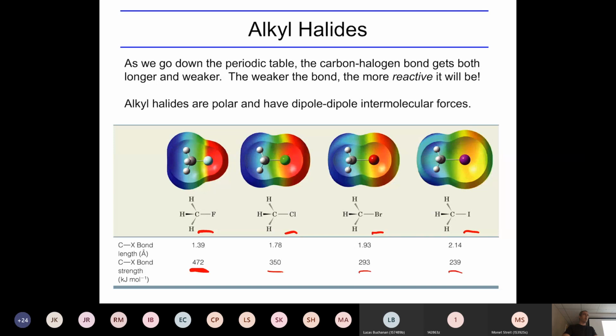This is actually a problem because carbon-fluorine bonds don't really exist in naturally occurring organic molecules. However, they're extremely common in man-made organic compounds. So a lot of these compounds that are being made eventually end up out in the environment somehow, and because those bonds are so strong, these compounds persist.